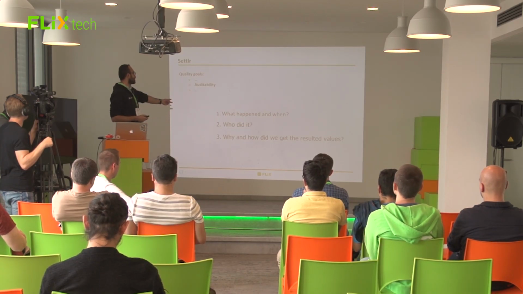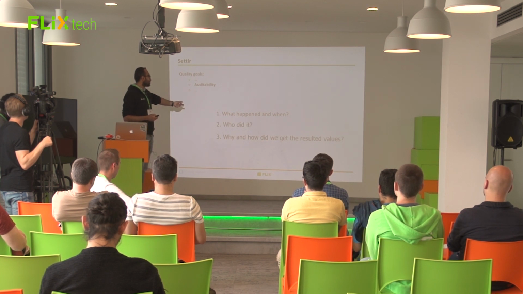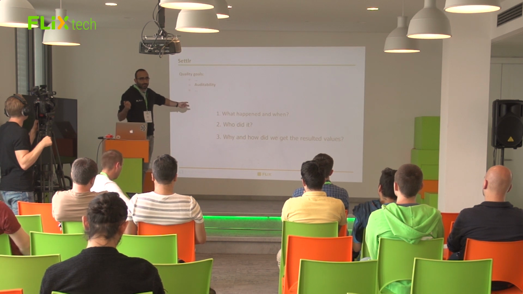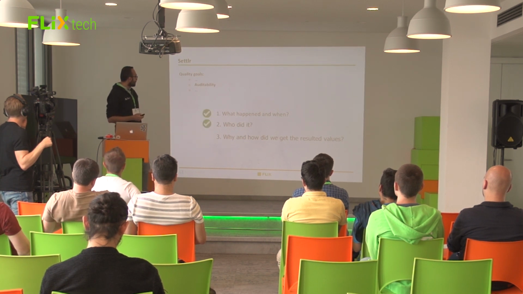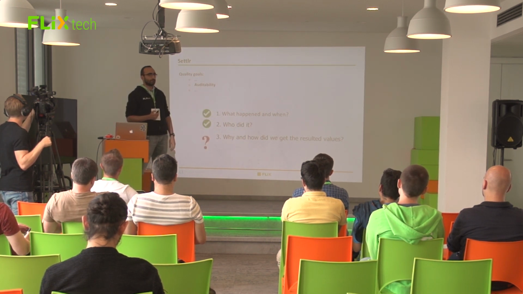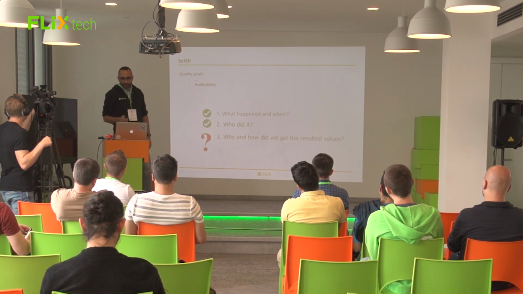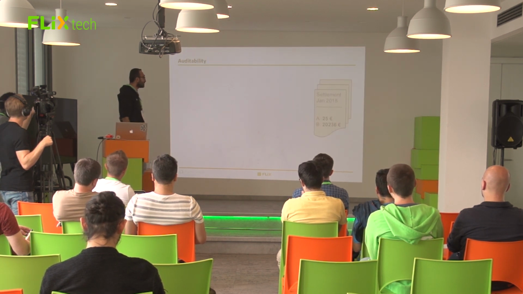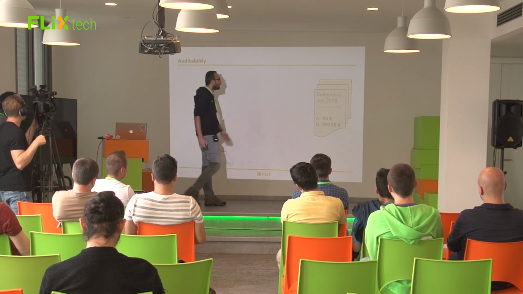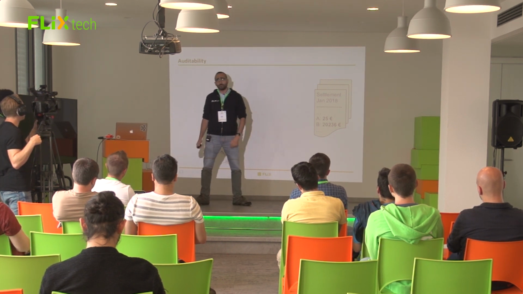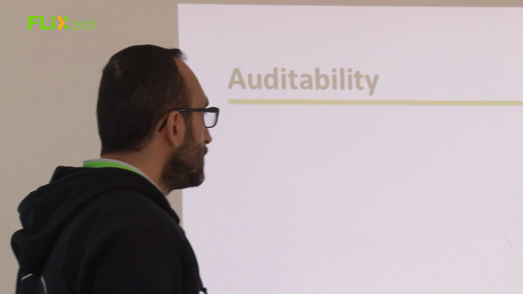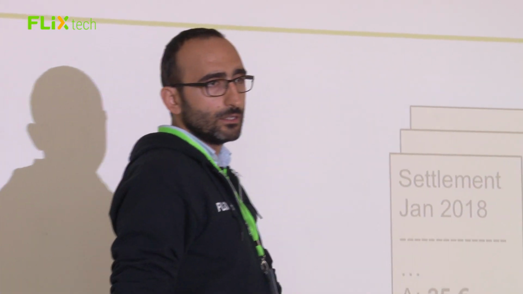While the first two questions are apparently achievable and can be implemented by classical logging, the third one, not really. It's a little bit tricky. So let's see what this means. Let's say we have a settlement for January generated on the 1st of January, and the auditor says, okay, guys, how did you get this number B?